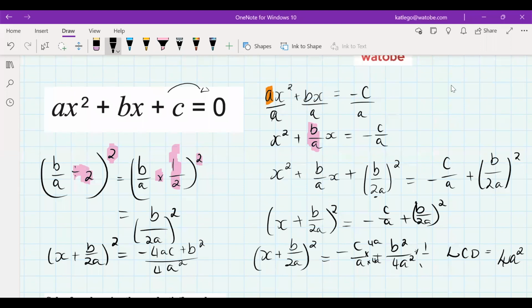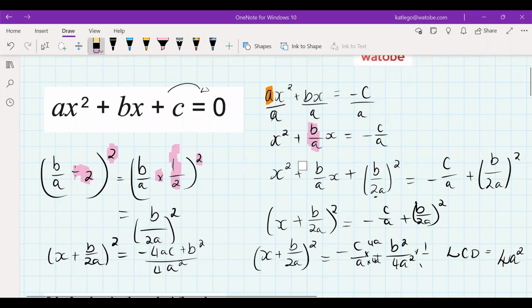You cannot have the lowest multiple. Like between 3 and 6, it cannot be 3 because 3 is not a multiple of 6. Do you guys understand? So it has to be 6 because both 3 and 6 can go into it. So you have to find something where both a and 4a squared can go into it. So it cannot be a, because then the other one doesn't make sense.